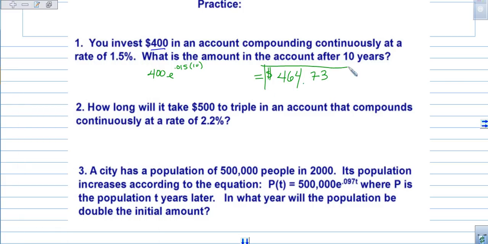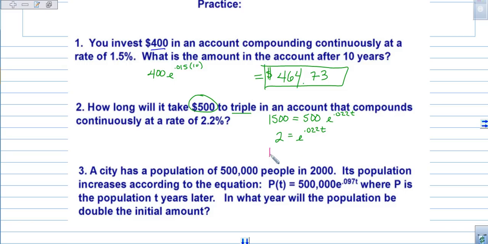Okay, very straightforward. Okay, so we want to know how long will it take this one to triple $500. Okay, so you could write the 1500 equals the 500 times e to the 0.022t, or you could just go straight to this step, e to the 0.022t equals 3.